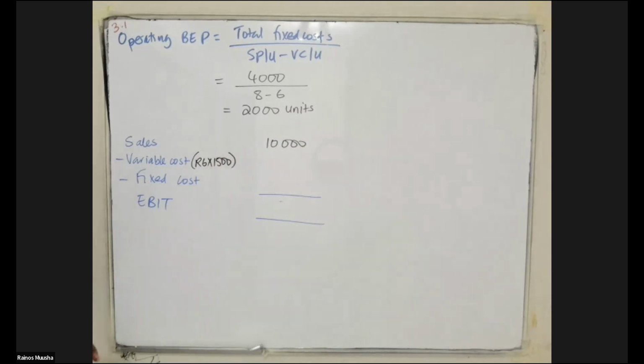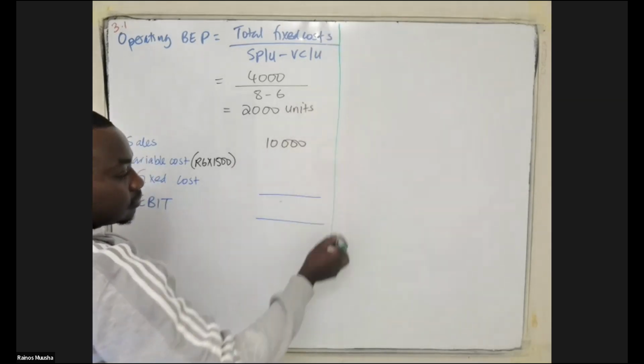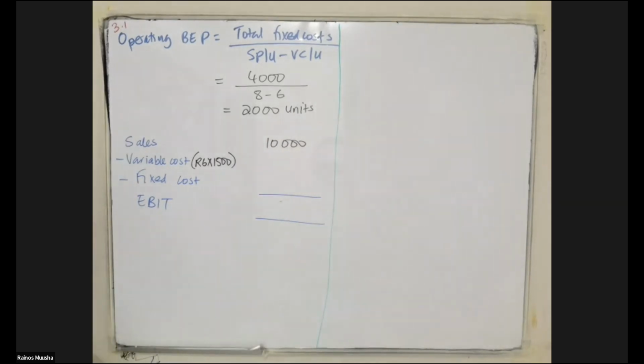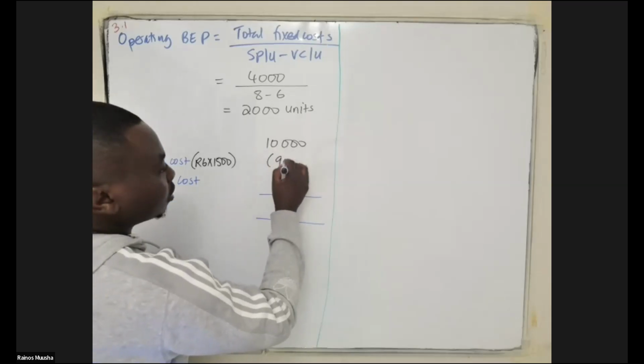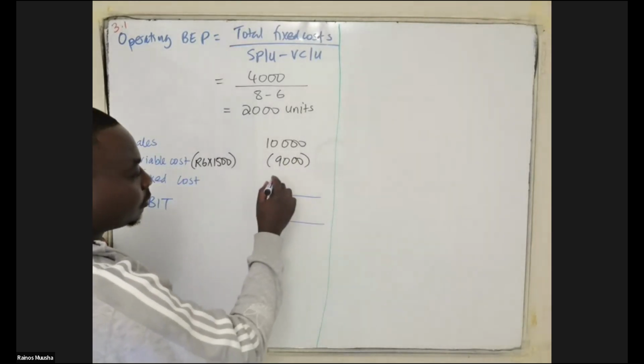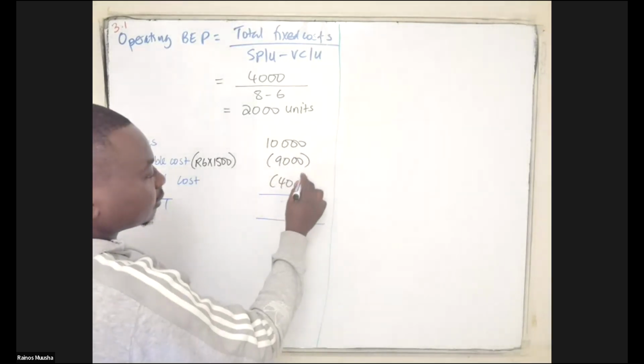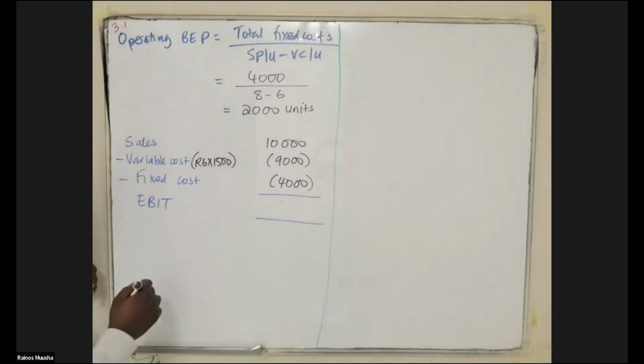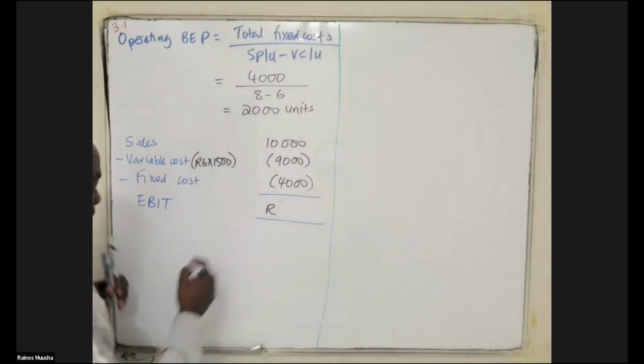So how much do we get as the total variable cost? 9,000. And we already know that our fixed cost in the form of rent is 4,000. So how much would be our earnings before interest and tax?